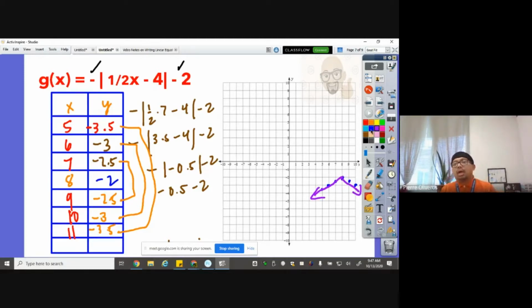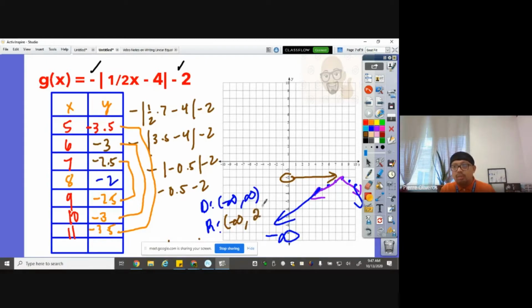Okay, there you go. All right, and the domain here: go to the left and right, it's going to be all real numbers. The range: if you notice, this is going down, this is going down, so the lowest point is negative infinity. The highest point here is negative 2. So that's from negative infinity to negative 2, closed. All right, there you go.